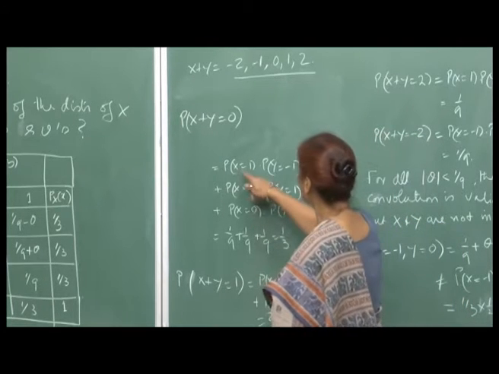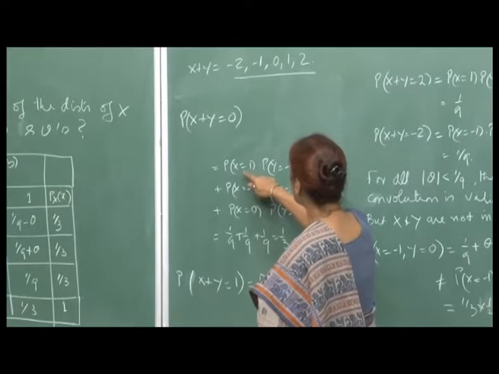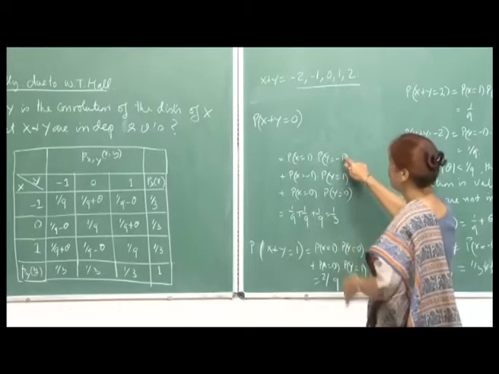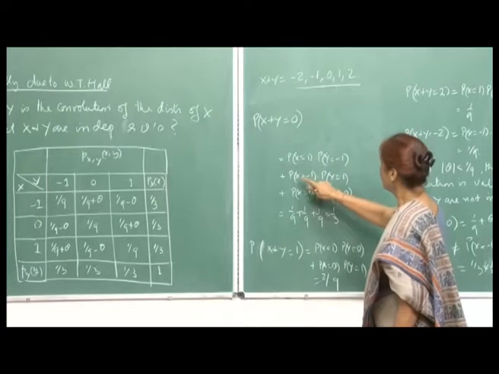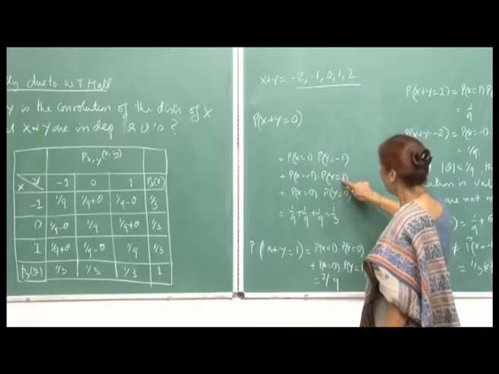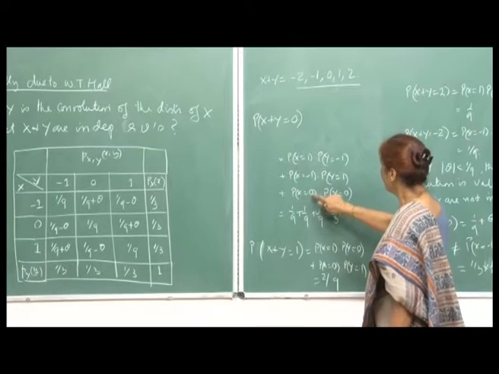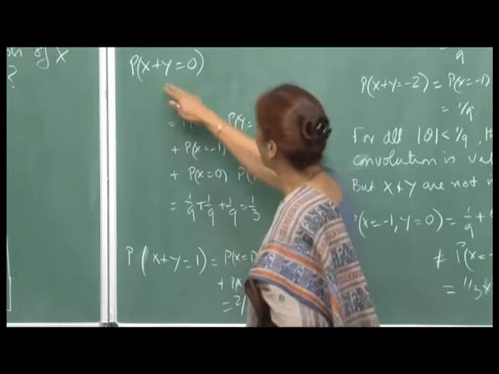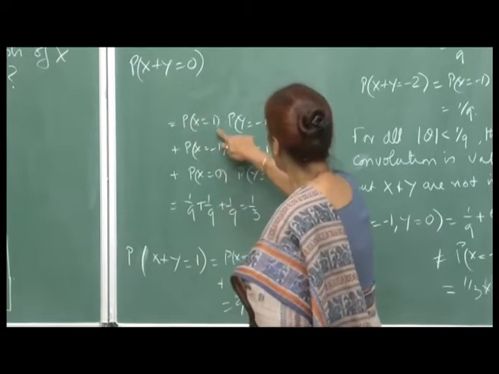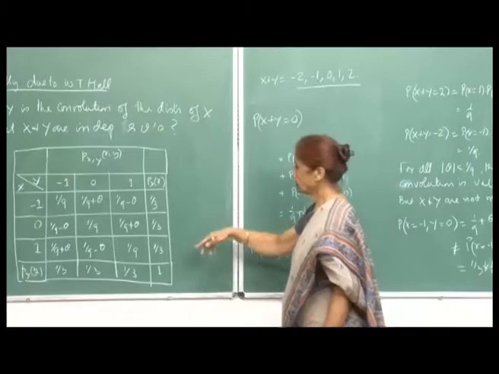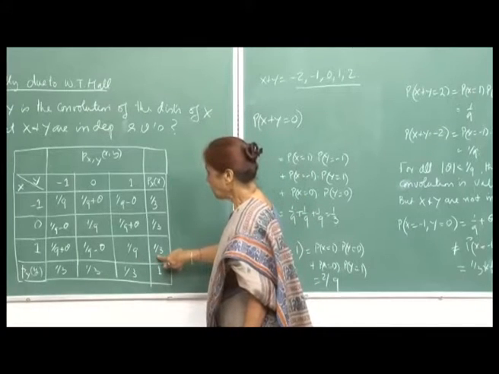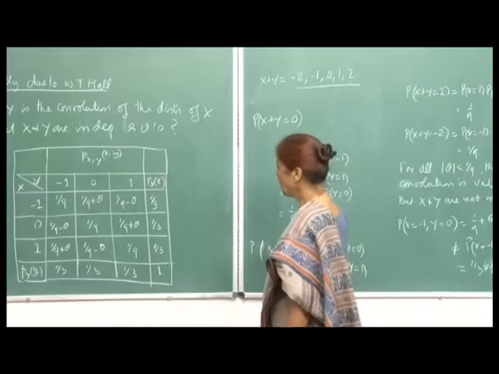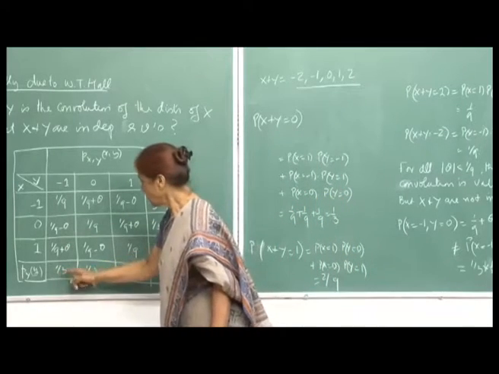Here, by convolution I mean I am taking X equal to 1, then Y will be equal to -1. If you take X equal to -1, then Y will be 1, and if you take X equal to 0, then Y will also be 0. These are the 3 you can convolute here. Probability X equal to 1 is 1 by 3, that is what we mean by marginal, into probability Y equal to -1, that is also 1 by 3.